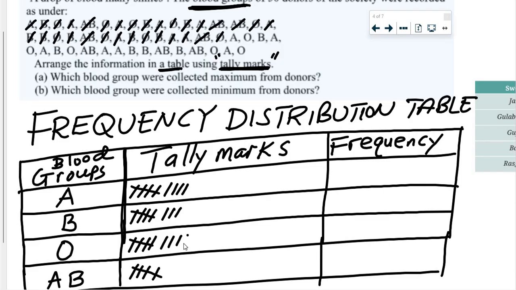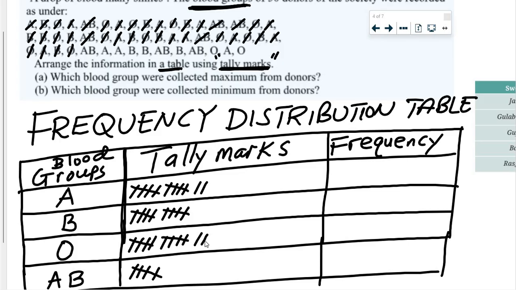O, A, make a bundle. O, make a bundle. B, A, O, A, B, make a bundle.